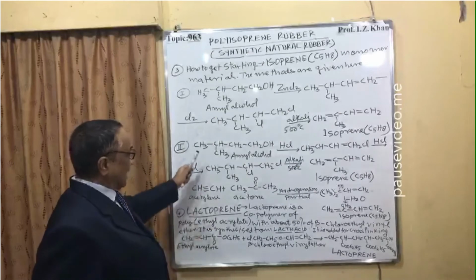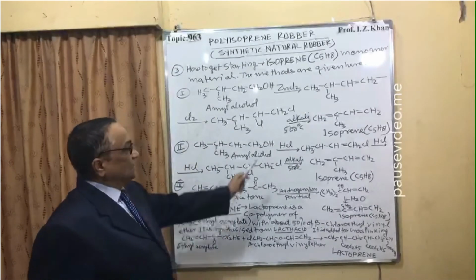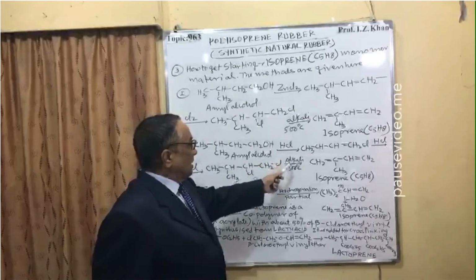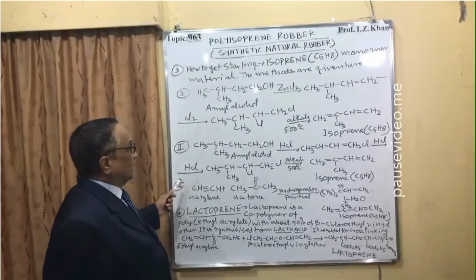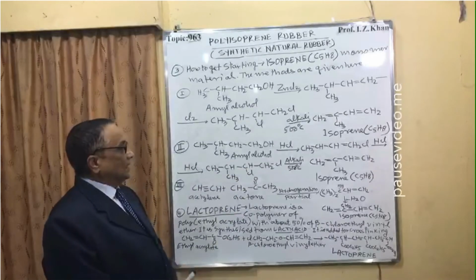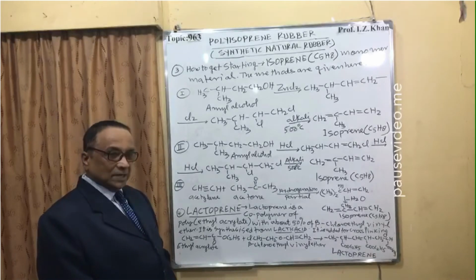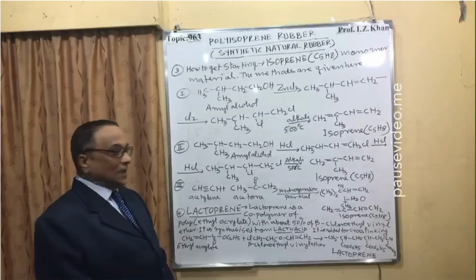Second, again the starting material is amyl alcohol, treated with hydrochloric acid, and then alkali at 500 degrees centigrade, you will get the isoprene unit, C5H8.